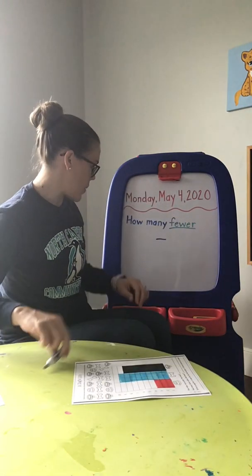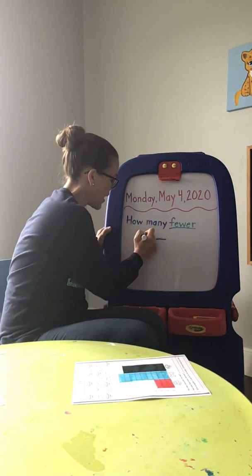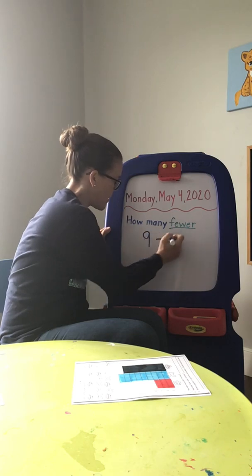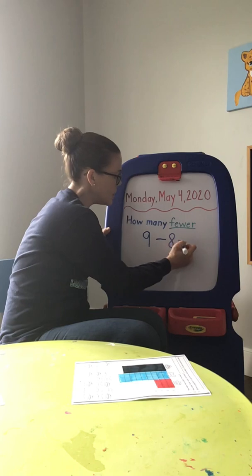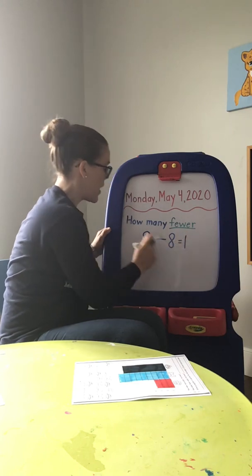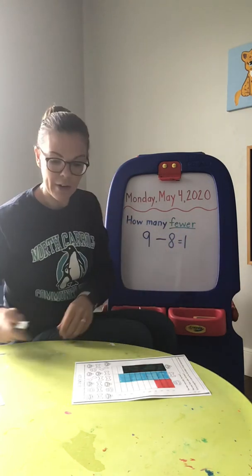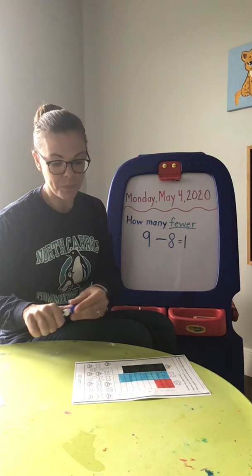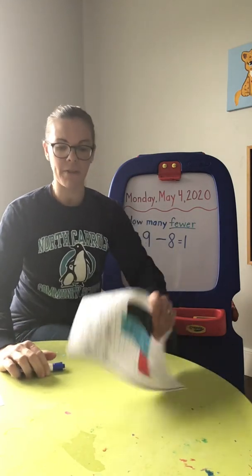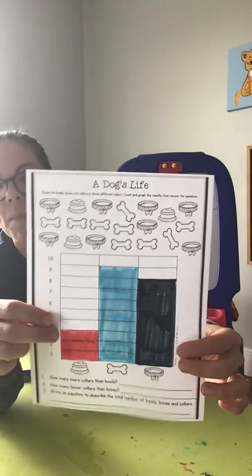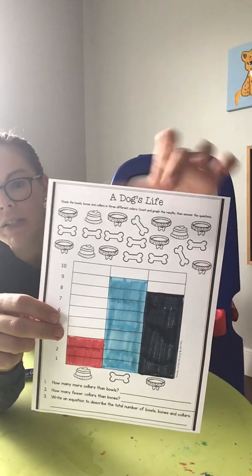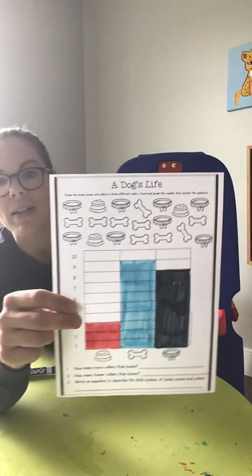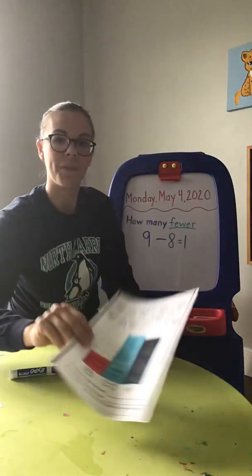So I'm going to do 9 minus 8 equals 1. There's 1 fewer collar than there is bone. If I look at my graph and I count my boxes, I can see there's 1 box between the collars and the bones. So it is 1 fewer, right?